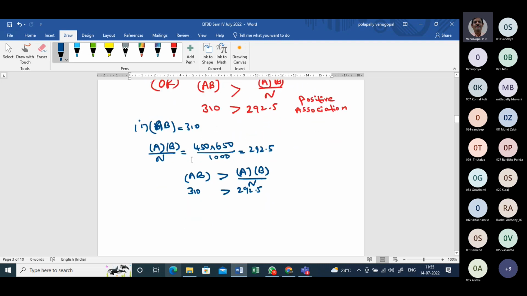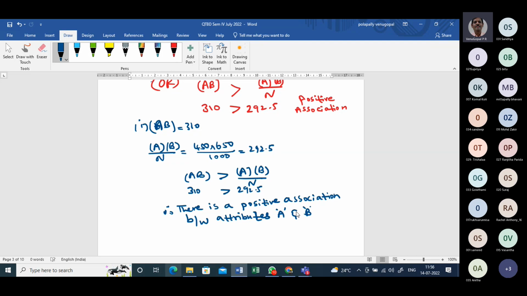Therefore, there is a positive association between attributes A and B. Any doubts, children?